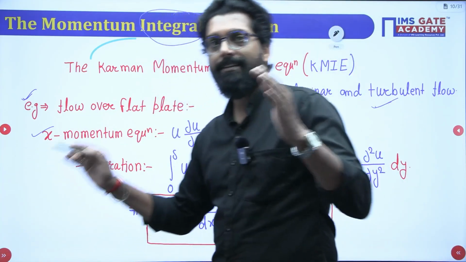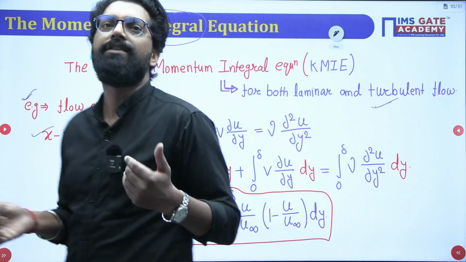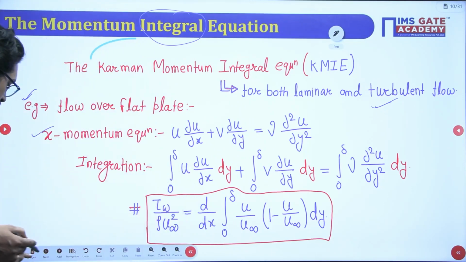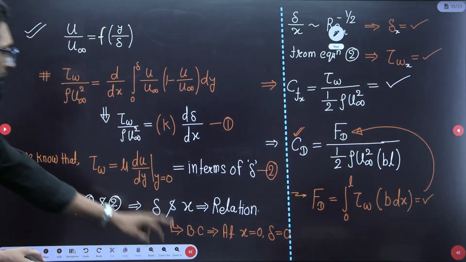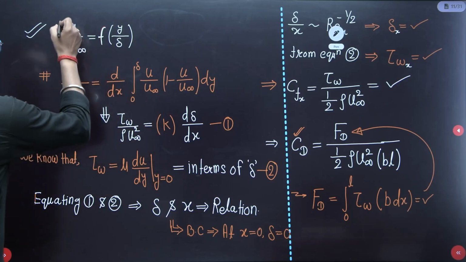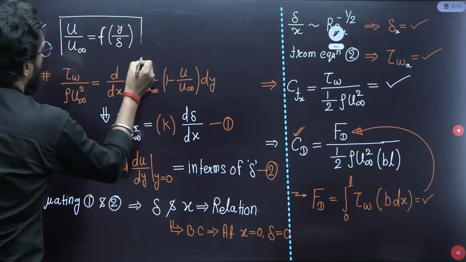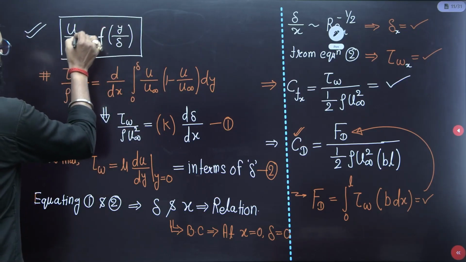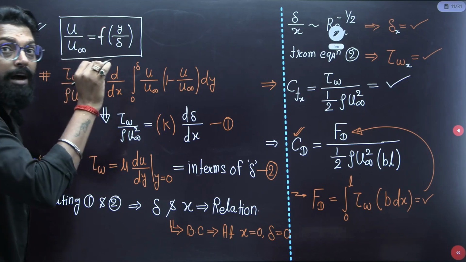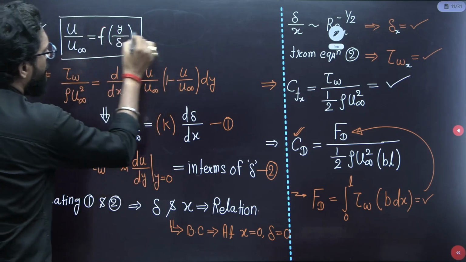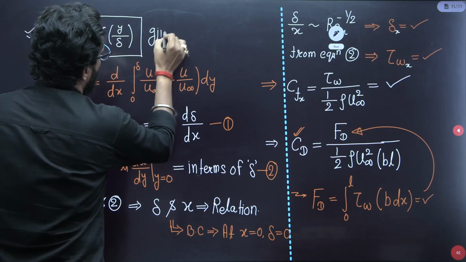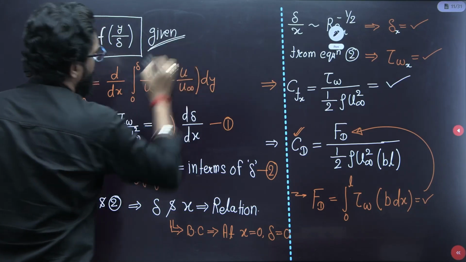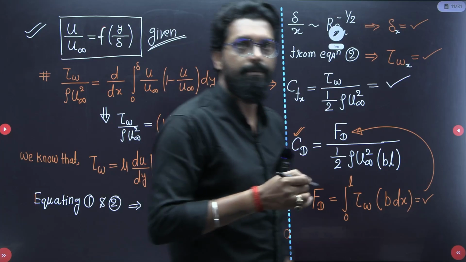So we write it step by step and then we will discuss. What is the first step? In the question, u by u infinite, where u is the velocity within the boundary layer and u infinite is the velocity above the boundary layer, is a function of y by delta. It is given in the question. Don't bother about where it is given or not; it is always given in the question.